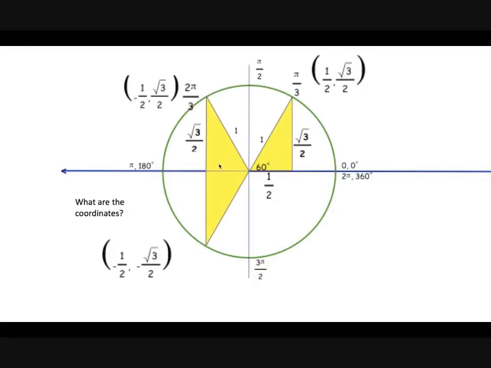When we do that, we get negative 1/2, comma, negative square root of 3 over 2. Notice how the coordinates are repeating themselves. The only thing that changes is the positive or negative depending on your location. And over here, the radian value would be 4 pi over 3.